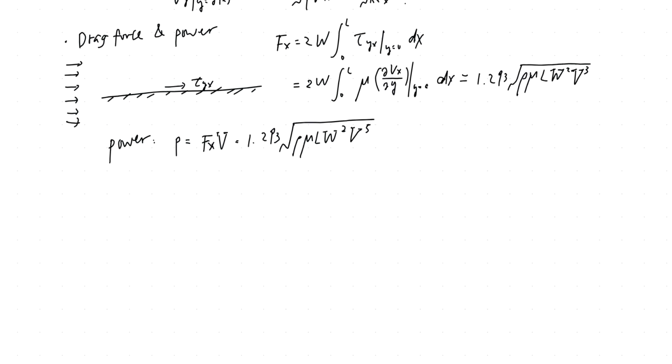We use the conservation of mass and conservation of momentum. Conservation of mass gives us an expression for Vy. Conservation of momentum gives us a relation between Vx and the boundary layer thickness. Then we assume a form of a solution, a cubic form in y for Vx. And then we can go back to the conservation of momentum to solve for the boundary layer thickness.